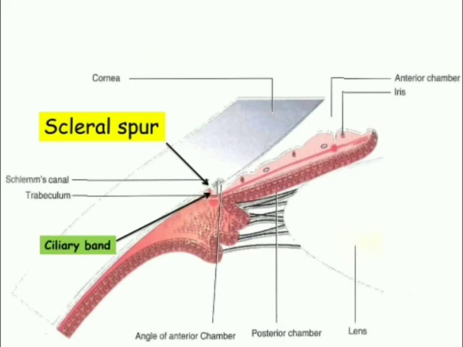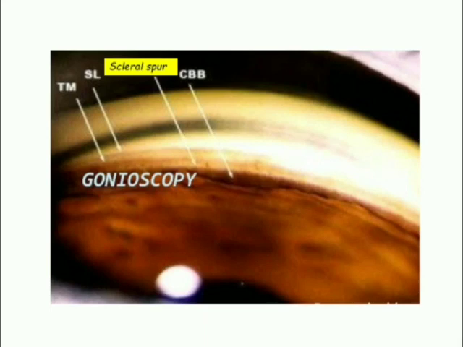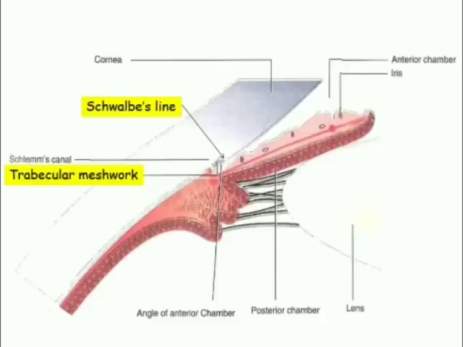The scleral spur is the posterior portion of the scleral sulcus, which usually appears like a prominent white line on gonioscopy. The third structure, which is the trabecular meshwork and happens to be the most important part of the anterior chamber angle structure, is seen as a band just anterior to the scleral spur.